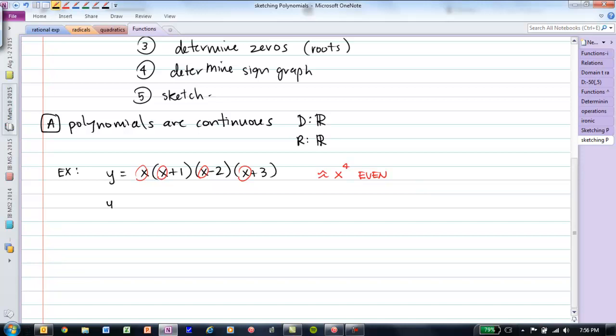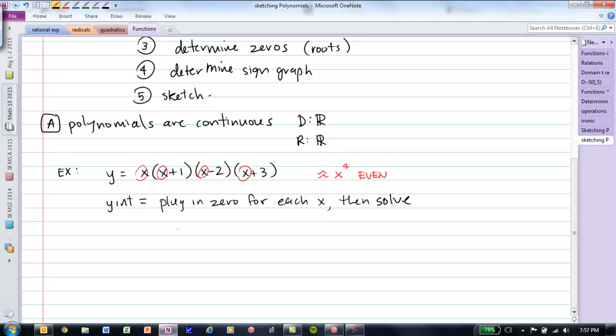Secondly, let's determine the y-intercept. In order to find the y-intercept, that is when x is equal to 0. So plug in 0 for each x, then solve. In this one, it's going to be relatively easy because there's an x out front, which means that no matter what I multiply by, everything's going to equal 0.